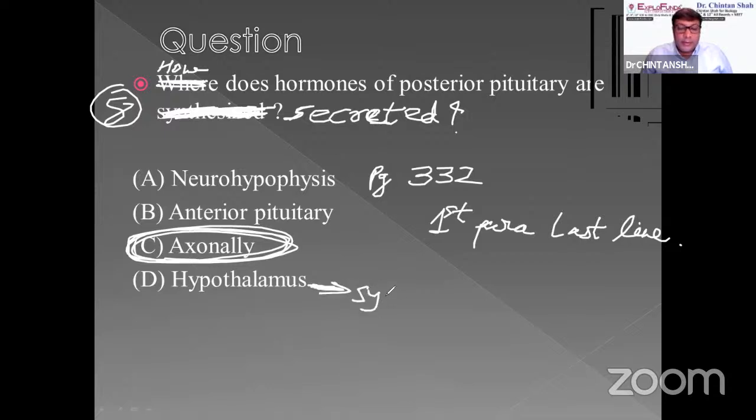So they are synthesized over here, but how they are transmitted, that is axonally. Because the hypothalamus and the posterior pituitary gland are connected with each other with the help of neurosecretory cells, not a blood vessel.